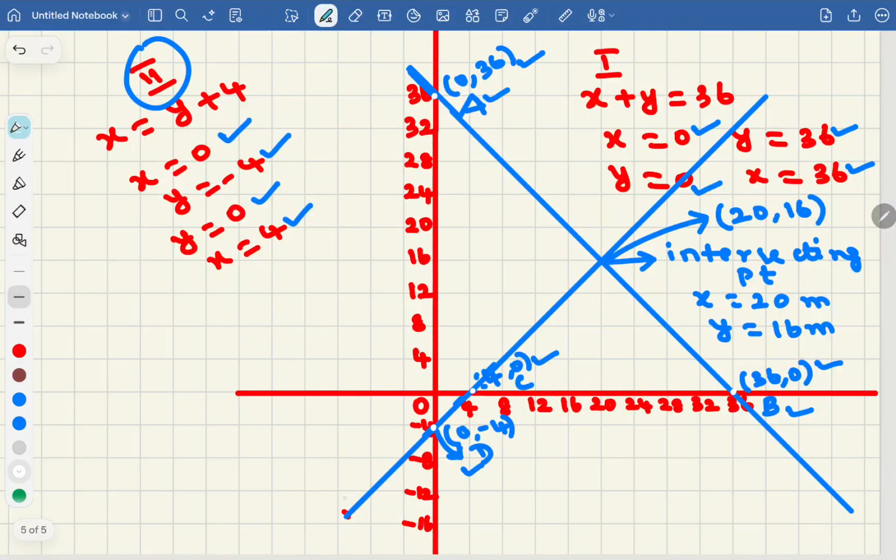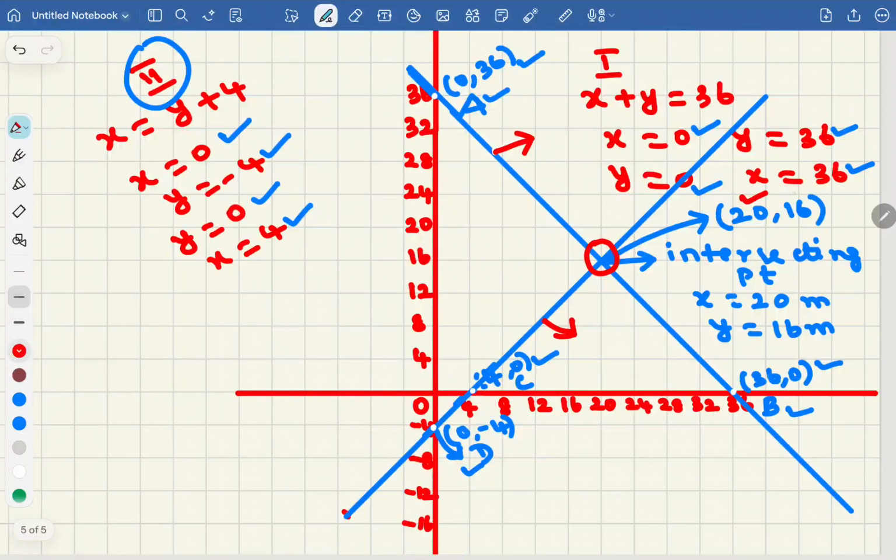I am joining AB by a straight line. I am joining CD by another straight line. These two meet at one point, that is the intersecting point.